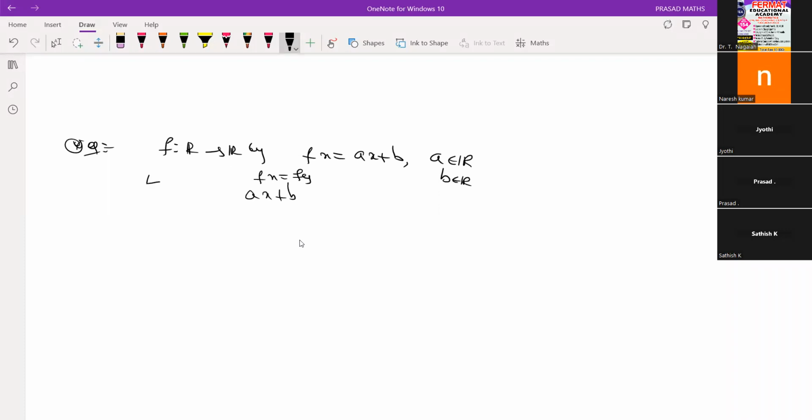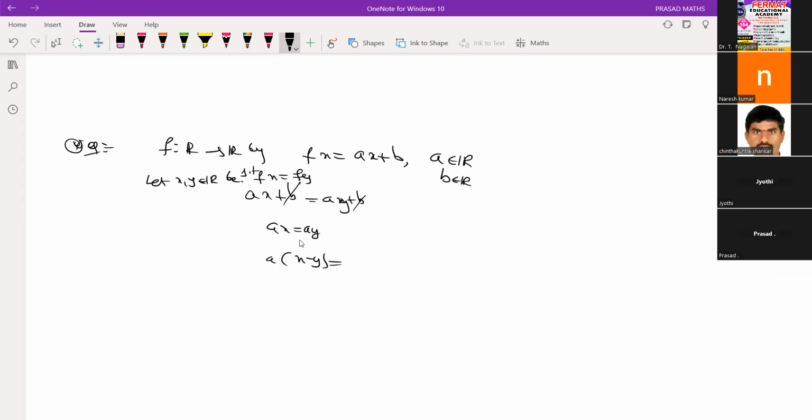If you take any two elements in such a way that f(x) equals f(y), that means ax plus b equals ay plus b. So, we are working with real numbers, therefore it is a group. a(x - y) equals 0, not x equals y, don't tell like that.